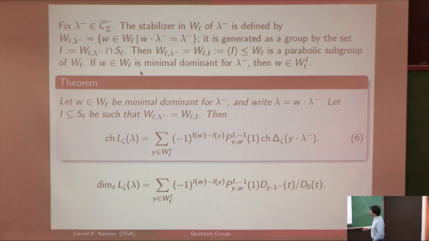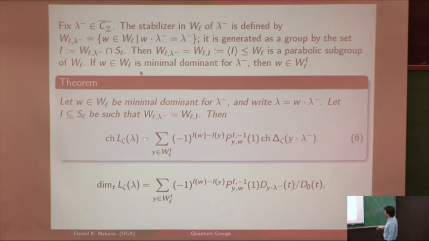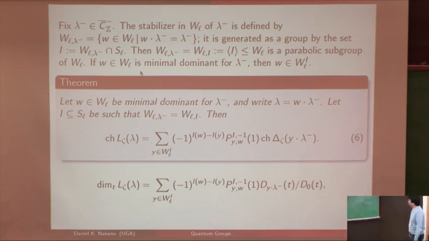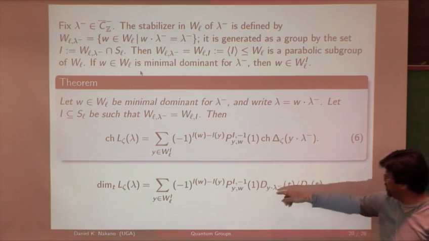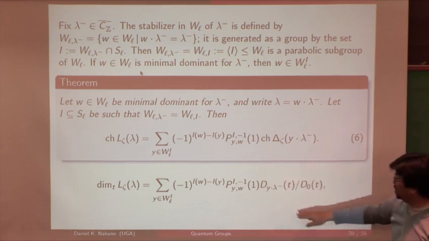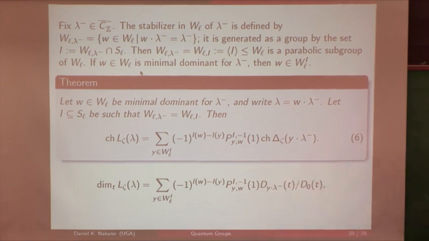And then you can express the character of the irreducible representation in terms of the characters of the Weyl modules over here, via these parabolic Kazhdan-Lusztig polynomials. Okay, so this gives you a formula. Now, if I apply a graded dimension, then this character becomes the graded character over here, and so you get this formula like this.